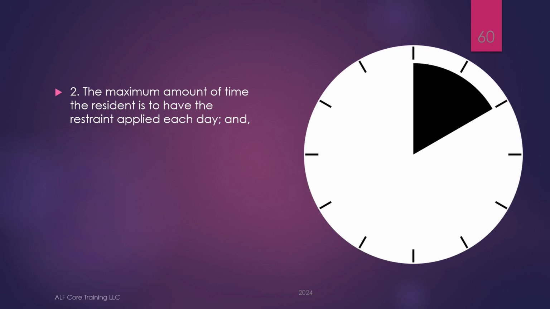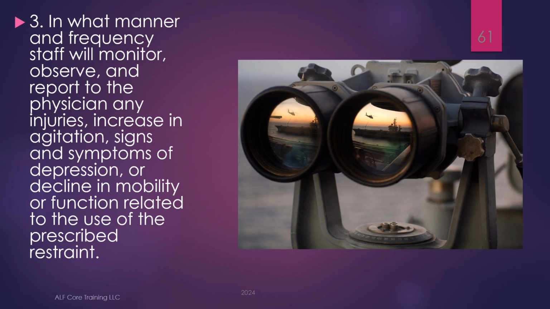The maximum amount of time the resident is to have the restraint applied each day, and in what manner and frequency staff will monitor, observe, and report to the physician any injuries, increase in agitation, signs and symptoms of depression, or decline in mobility or function related to the use of the prescribed restraint.